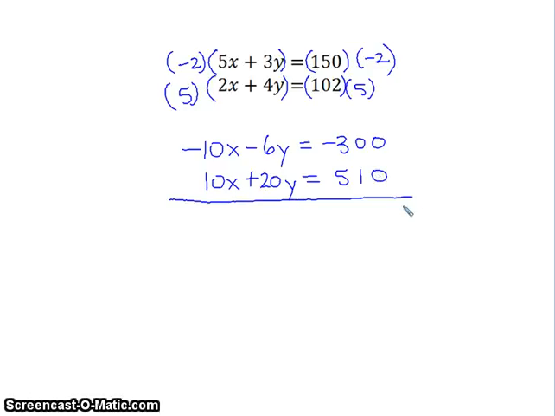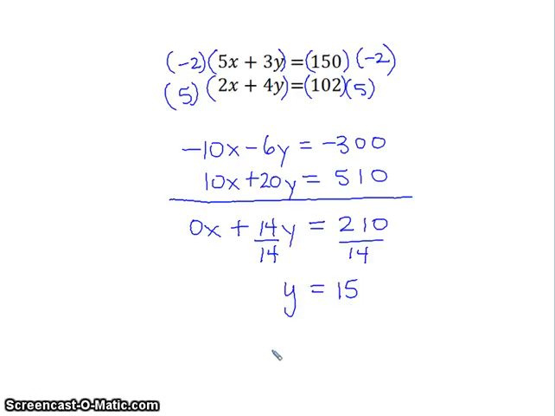So now we can just add the equations together. So we get 0x plus 14y is equal to 210. And notice that 0x just cancels out, and so we divide both sides by 14, and y is equal to 15.